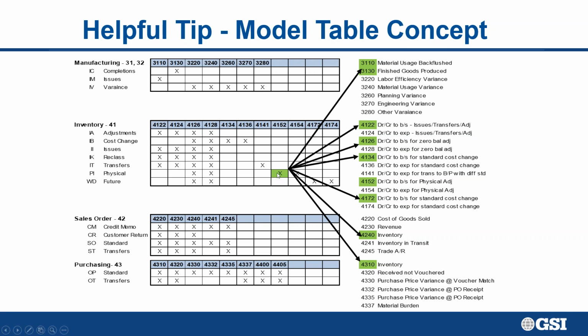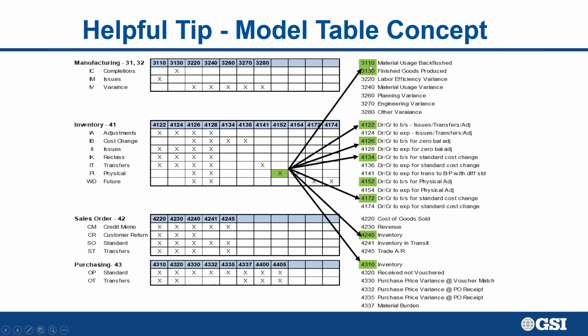So the lesson here is, if I'm a raw material, it doesn't matter which of these transactions I do, debits and credits should go to the raw material account. So we need explicit entries to say raw materials equals raw materials, finished goods equals finished goods. So that's what I mean by a model table. Now it sounds easy, but there could be hundreds and hundreds of entries inside an individual table.